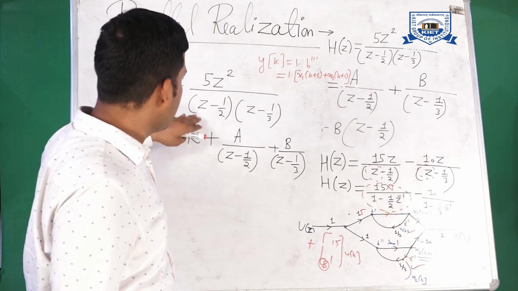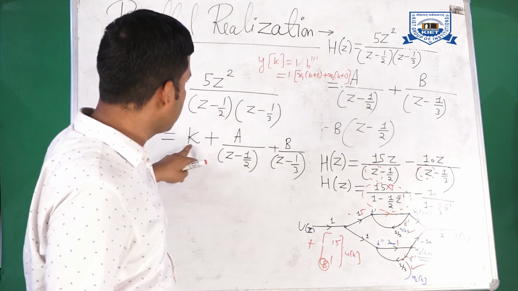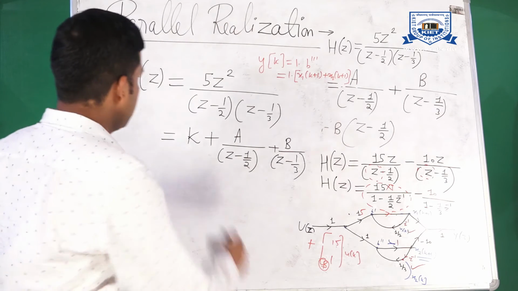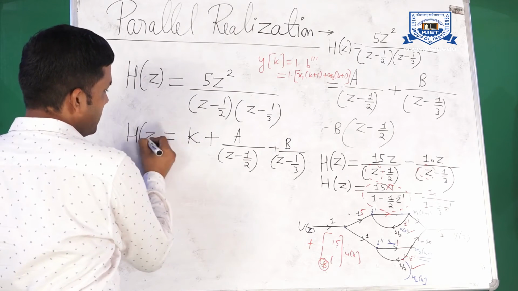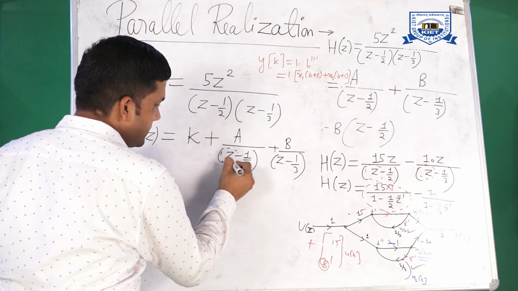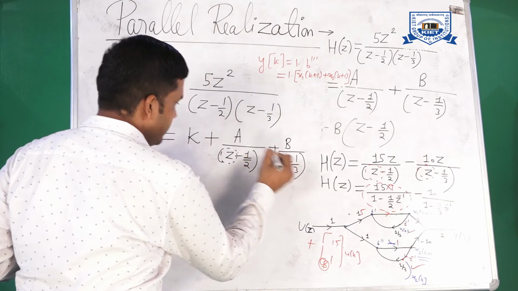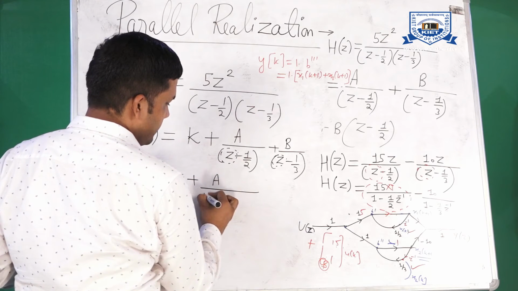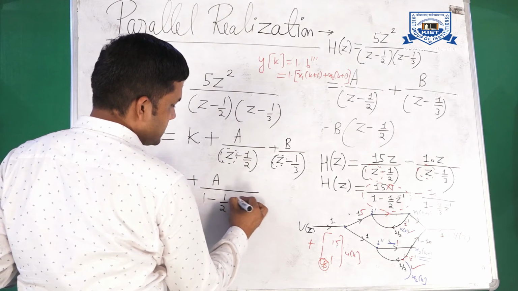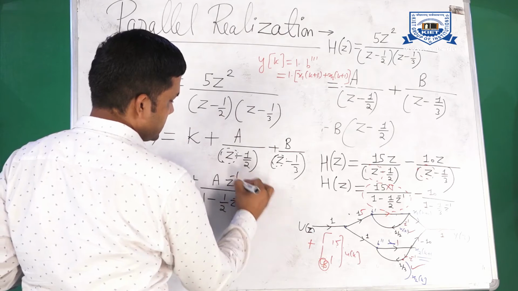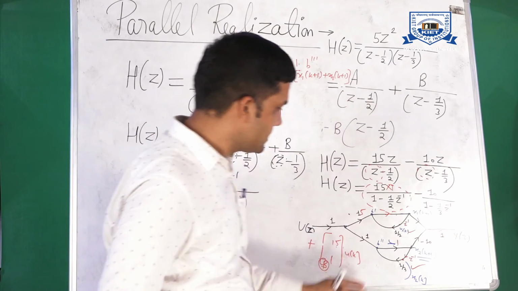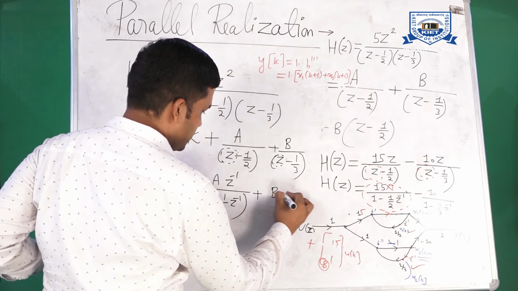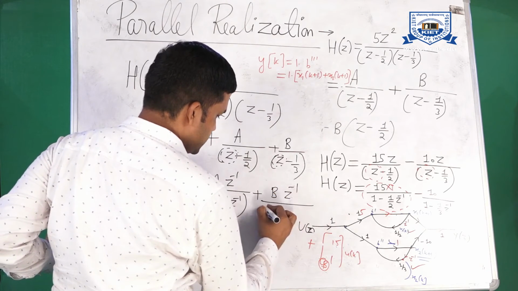Because we are dividing, we get the constant value, since z² upon z² is 1. Now make this 1 and make this 1. We get k plus a/(1 - 1/2 z⁻¹) times z⁻¹. Some students prefer this and some prefer that, and both are the same.